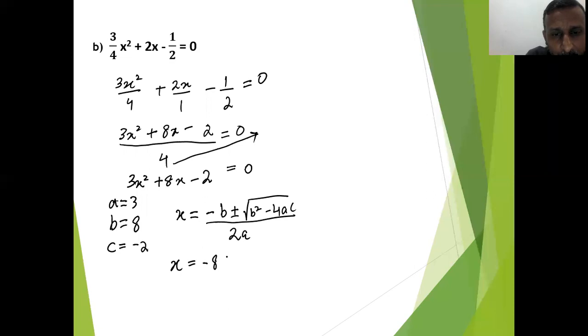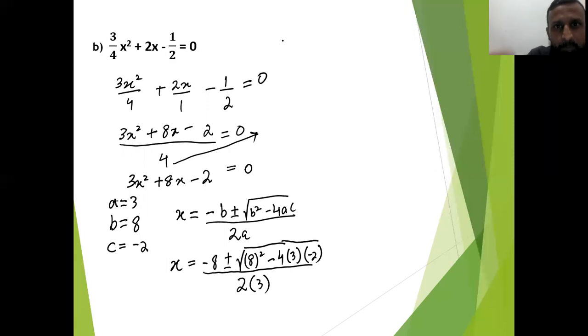Negative 8 plus minus, and then 8 square minus 4 multiply by 3 multiply by minus 2. Okay, now what can we do in this case? 2 multiply by 3.